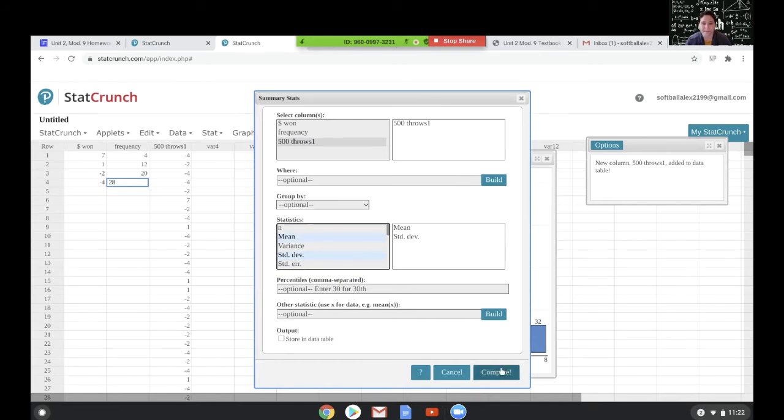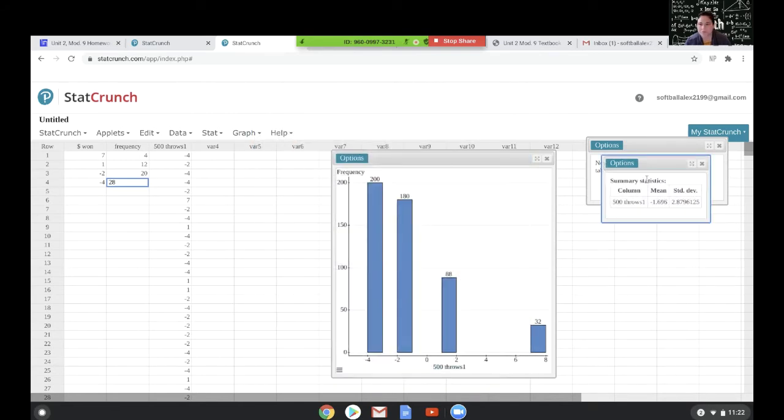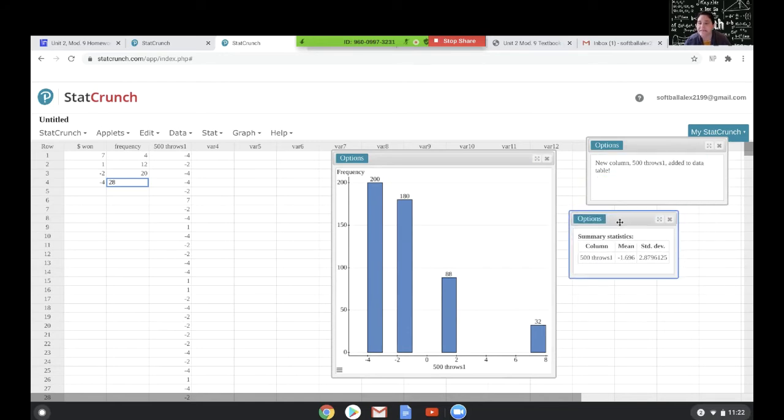Fantastic. Compute that. Boom. Her mean was negative 1.696 and her standard deviation is 2.88. So again, very close to the 2.9 for the standard deviation and off by maybe 5.4 cents from the true mean. Okay.